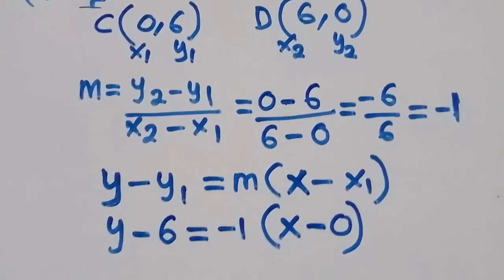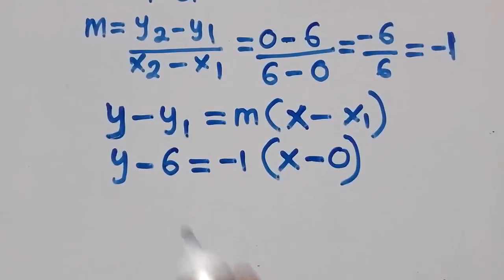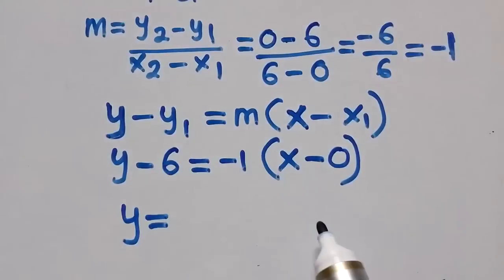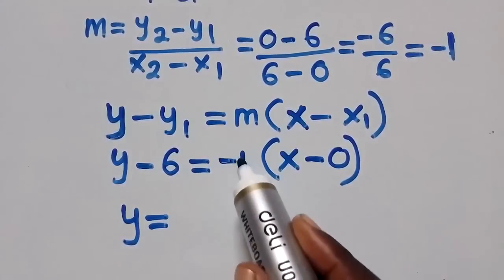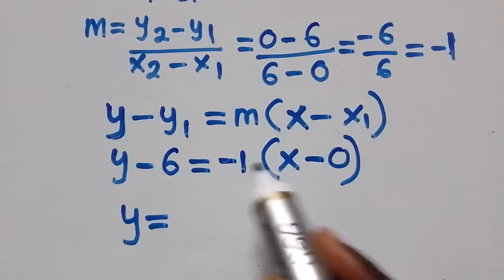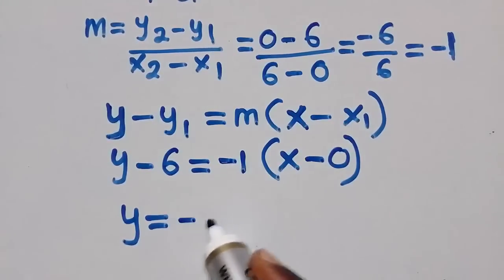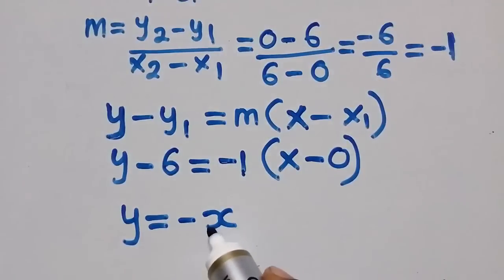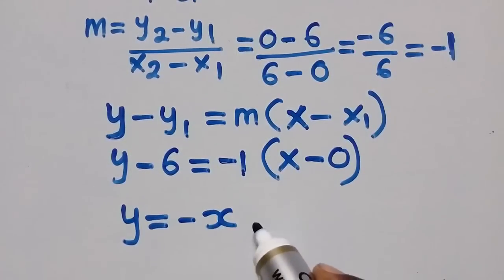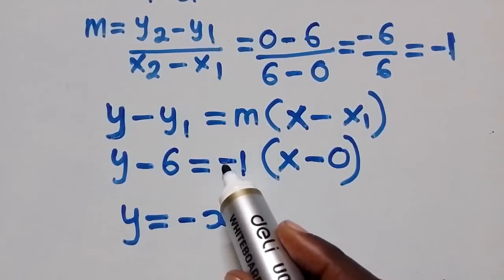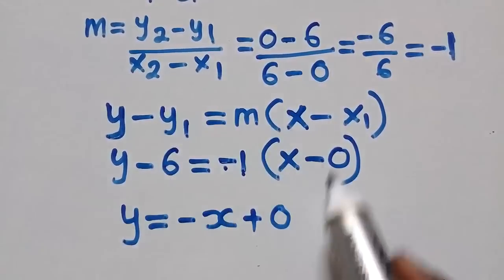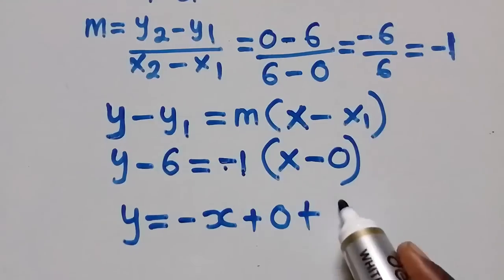Then you start the multiplication. The y will remain here alone, then the 6 will go to the other side. Negative 1 times x is negative x; you cannot say negative 1x. Then negative 1 times 0 is 0. When the 6 comes to this side, it becomes plus 6.